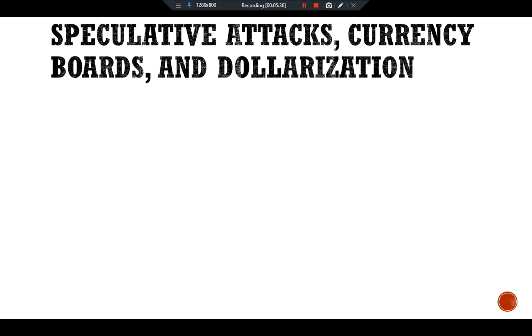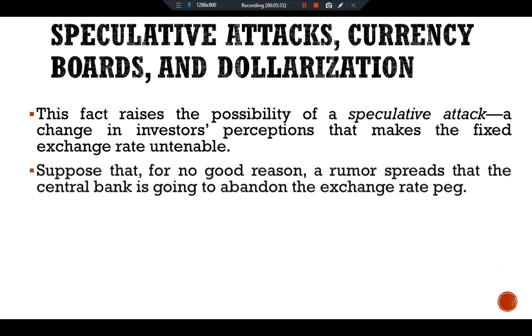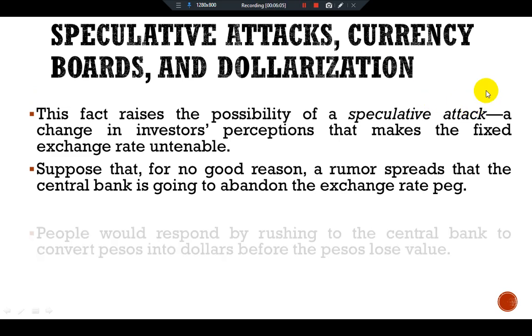Here we have another possibility: this fact raises the possibility of a speculative attack, a change in investor perception that makes the fixed exchange rate untenable. Suppose that for no good reason a rumor spreads that the central bank is going to abandon the exchange rate peg.